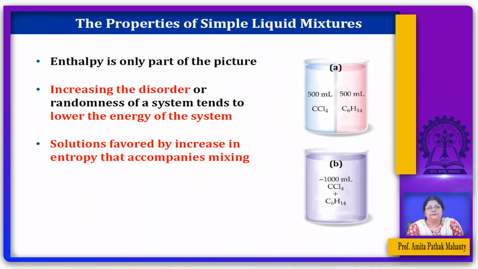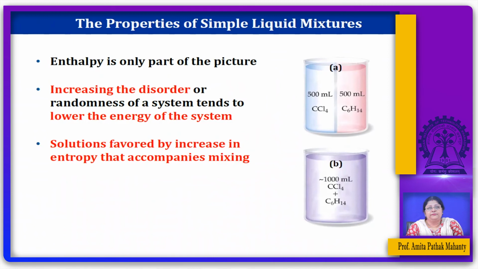So if you want to look into it, you have to find out the condition whereby there is an increase in entropy, you find out the entropy change. Now here you see the entropy change.